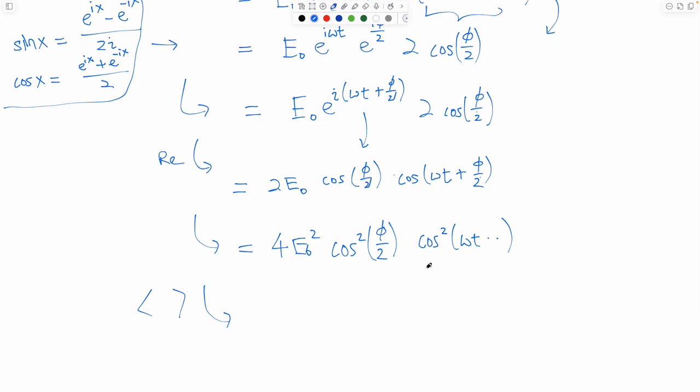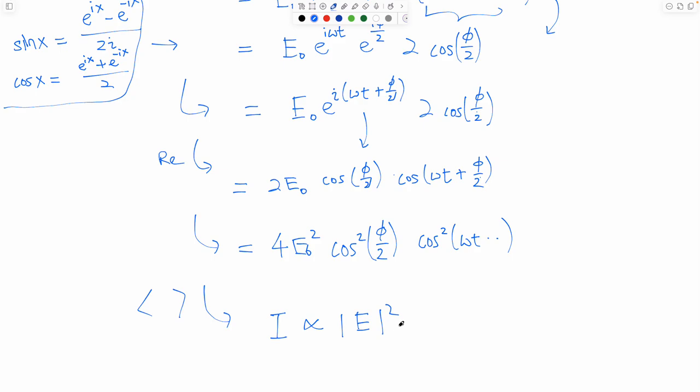And you will see that, like I said just now, the cosine term will fall out. Okay? So in the grand scheme of things, we could have simply written I is proportional to the magnitude of E squared.